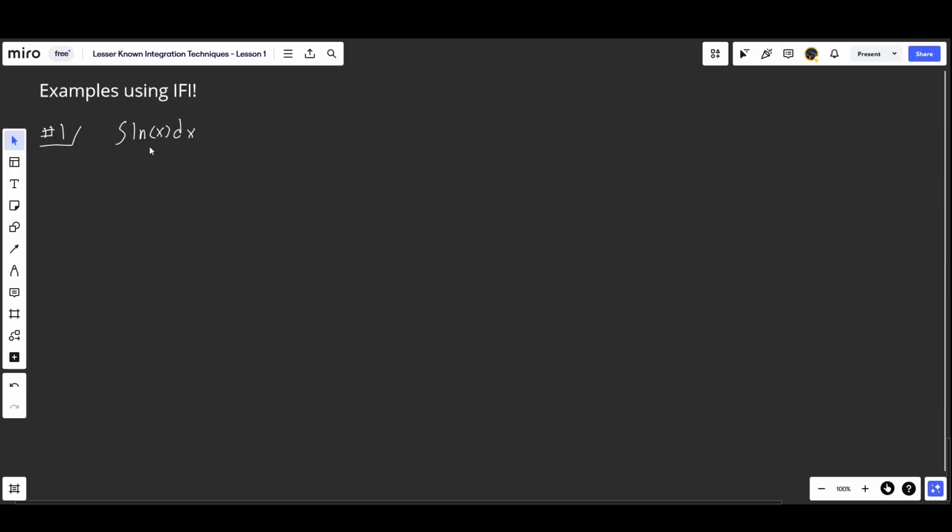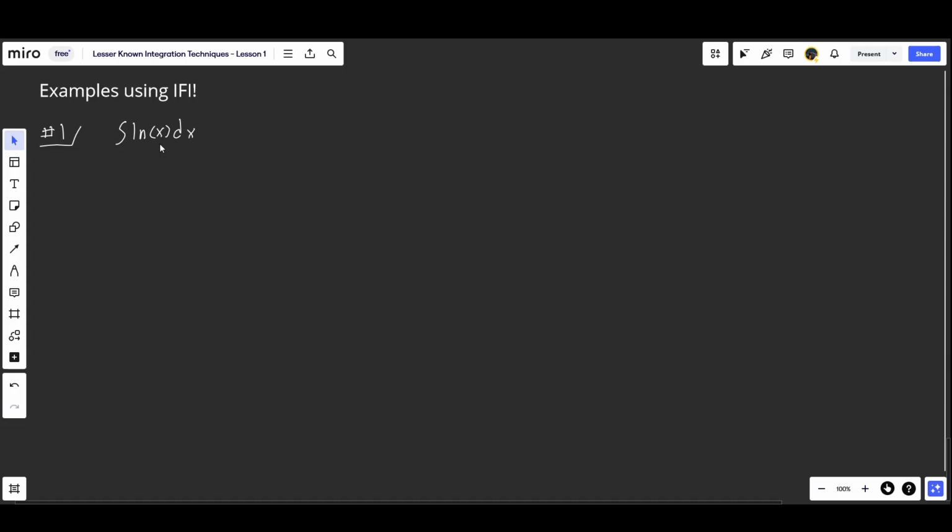Getting into our first example, we're going to warm up with a relatively simple indefinite integral, the indefinite integral of the natural log of x. Now, in a calculus class, this integral is usually used as a prime example of how integration by parts can be useful.